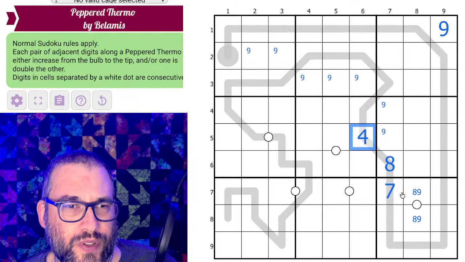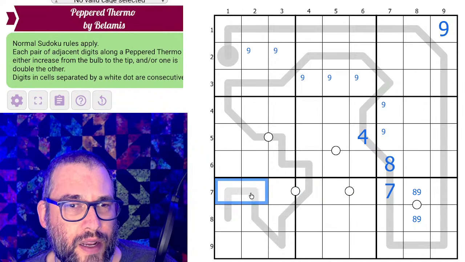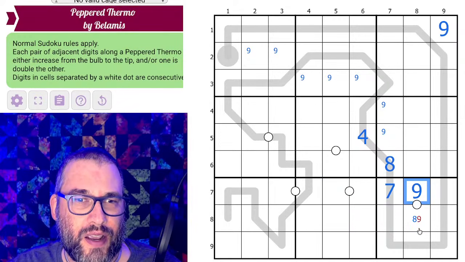Oh, 9 in row 7. None of these can be 8, 9, and... so this just is the 9 in row 7.